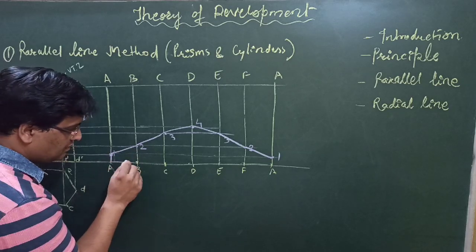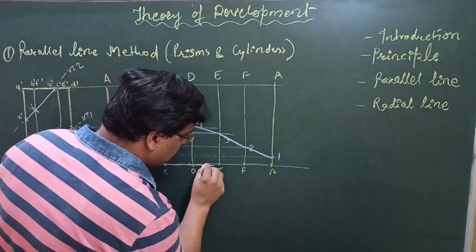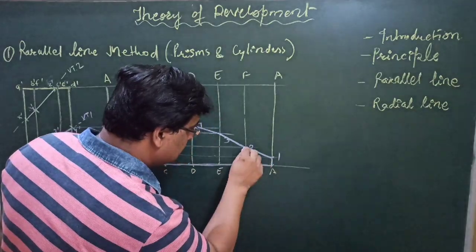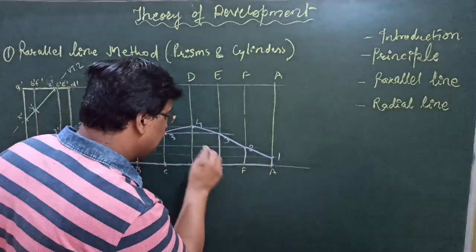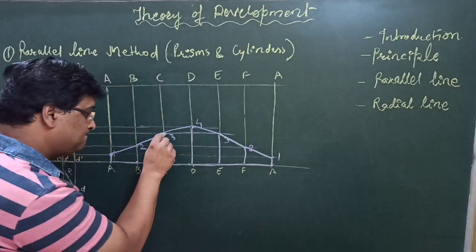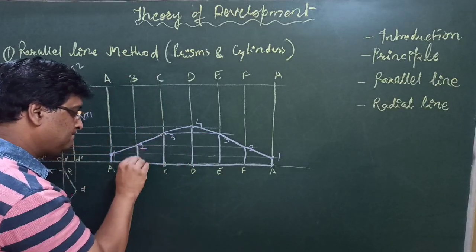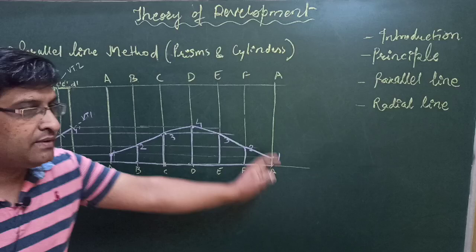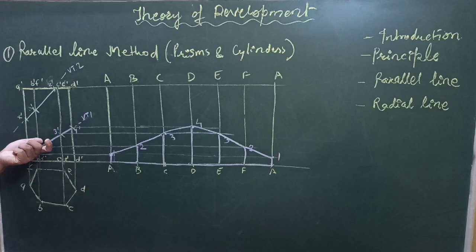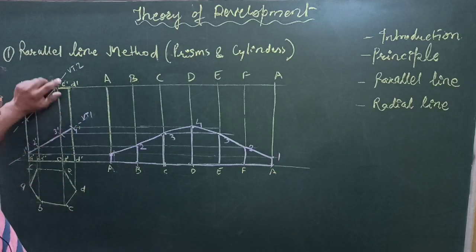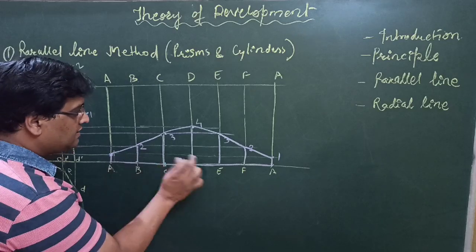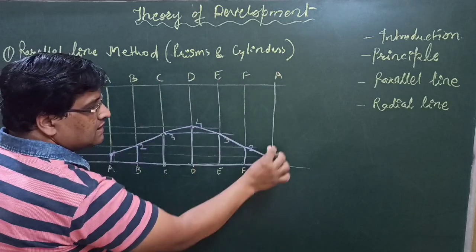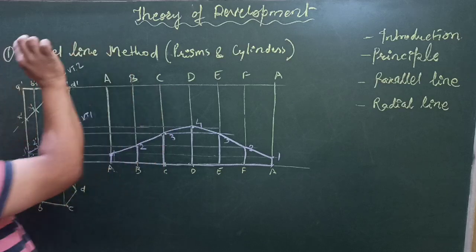This will be darkened if they have asked for the lower part. All these lines will also be darkened. So in this manner, this is the development of the lower part of this prism. If they had asked for the upper part, then rather than darkening these, the upper lines will be darkened.